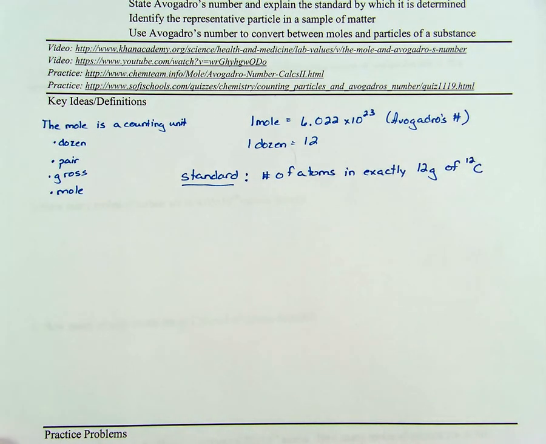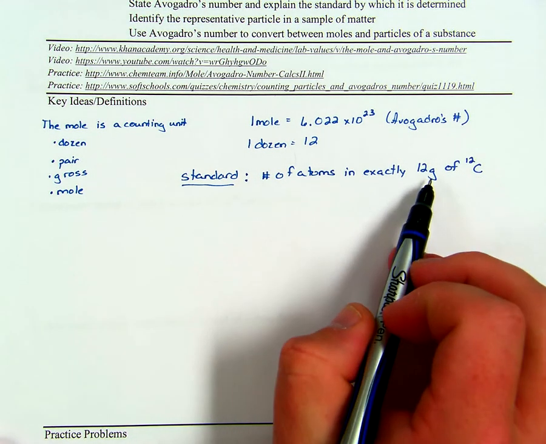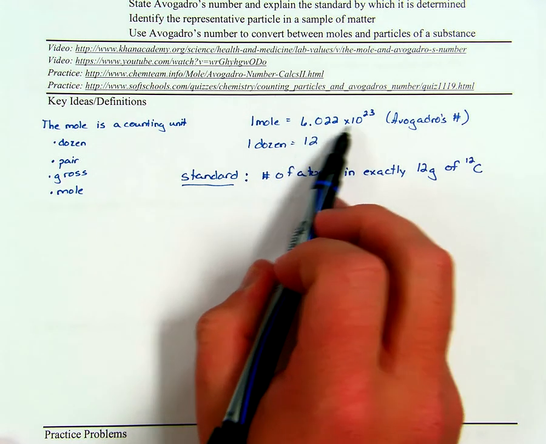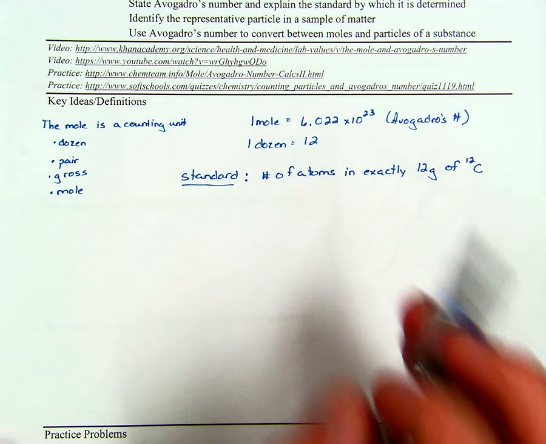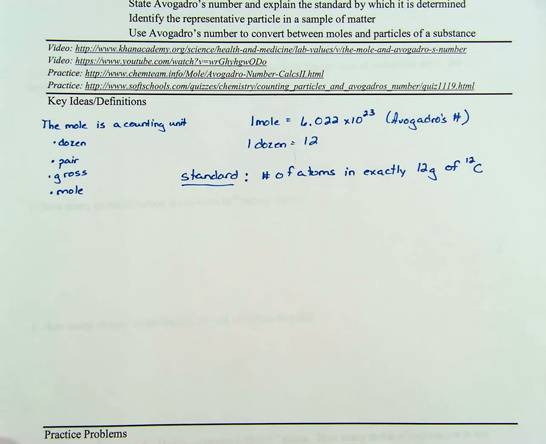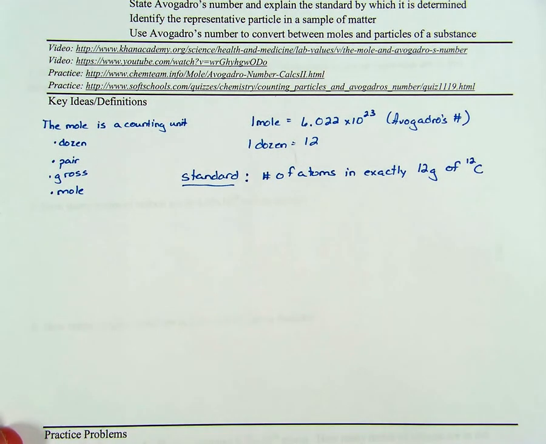So if we have a carbon-12 isotope, we have exactly 12 grams. This is the number of atoms, 6.022 times 10 to the 23rd. That's the number of atoms in that sample. That is our definition.